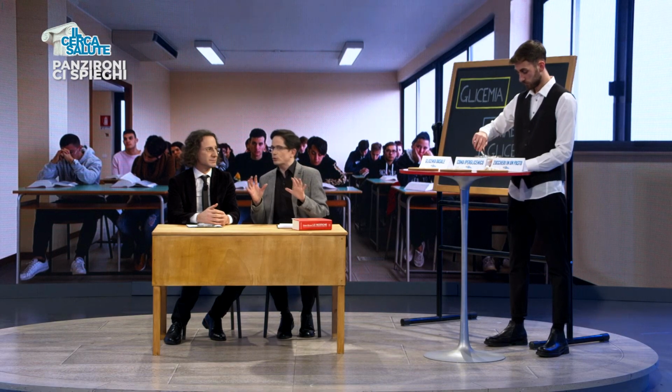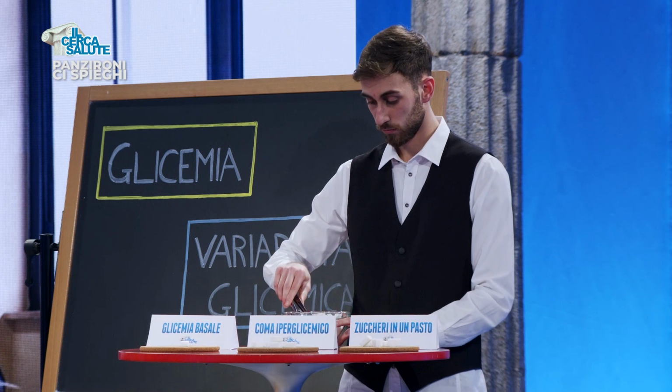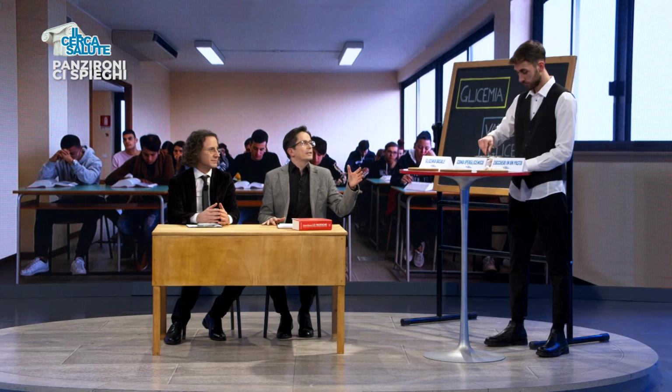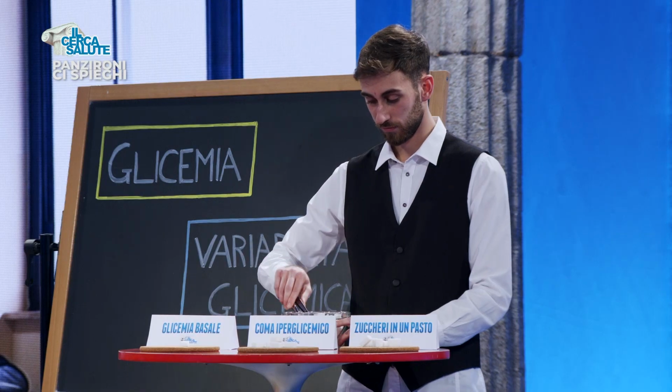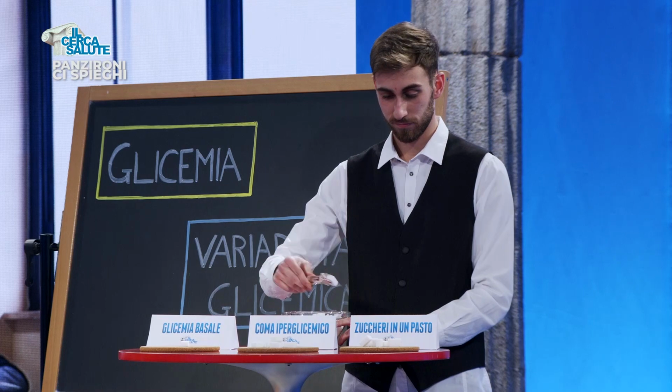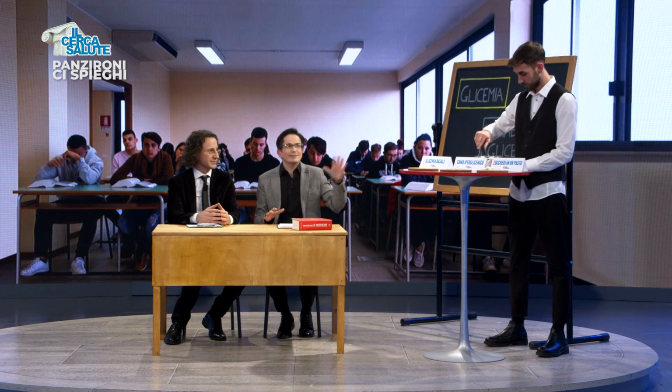So this is the sugar contained in an average meal of the Mediterranean diet. He is continuing to put in. Panzironi, here we are almost 10. How many are there, Alessio? Now 8, so far 8. He is continuing to put. We have to move forward, obviously. Panzironi, we don't have the whole evening. How many?